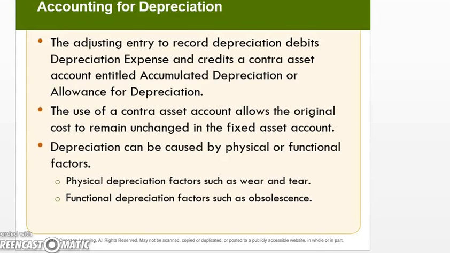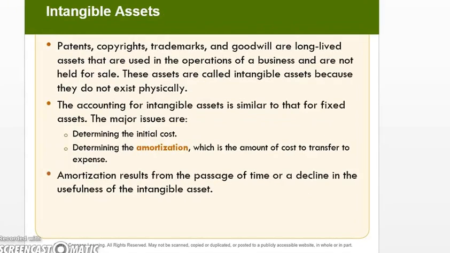We will cover the journal entry in some detail in the chapter, but basically we debit depreciation expense. That's an expense, cost of doing business, and we'll credit an account called accumulated depreciation, which is a contra asset account, meaning it has a balance contrary to the normal asset balance of a debit. Rather, it will have a credit balance.